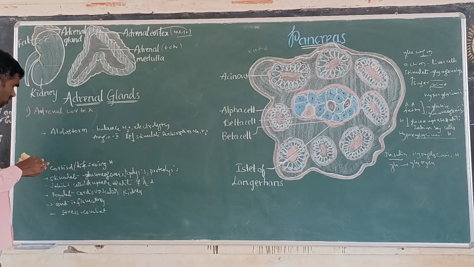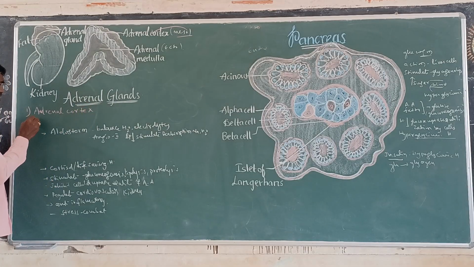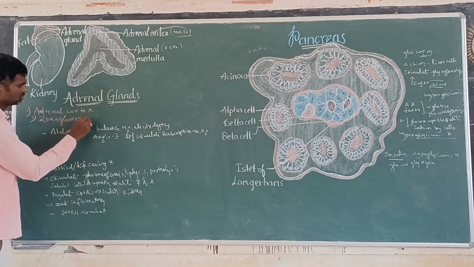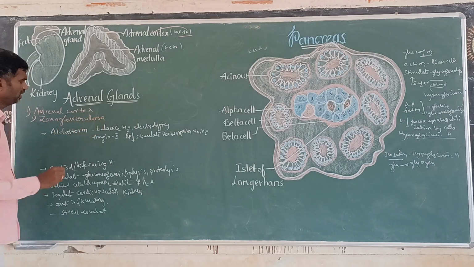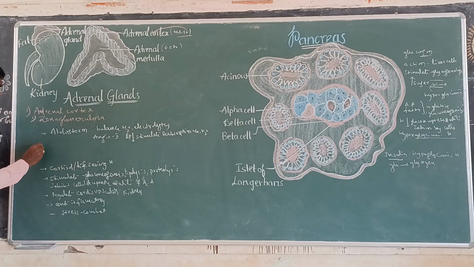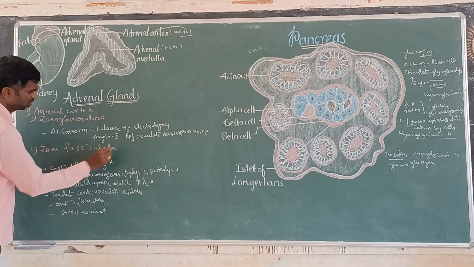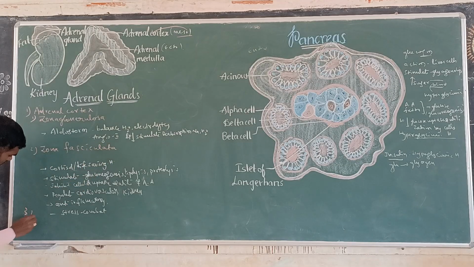The adrenal cortex is secreting hormones, and it is divided into three zones. That is the zona glomerulosa, the second one is the zona fasciculata, and the third is the zona reticularis.